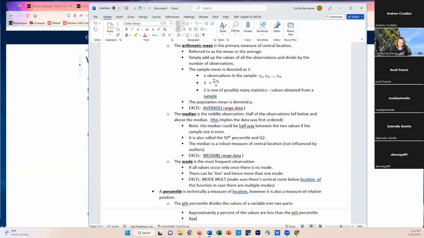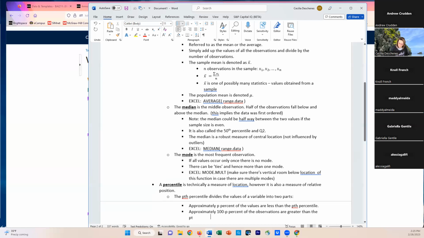And approximately 100 minus P. So if it's the 25th percentile, 100 minus 25 is 75, so 75% of the observations are greater than the P percentile.